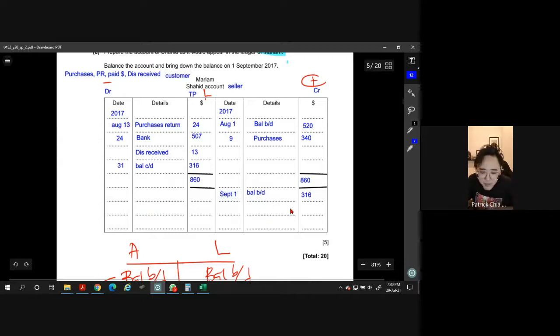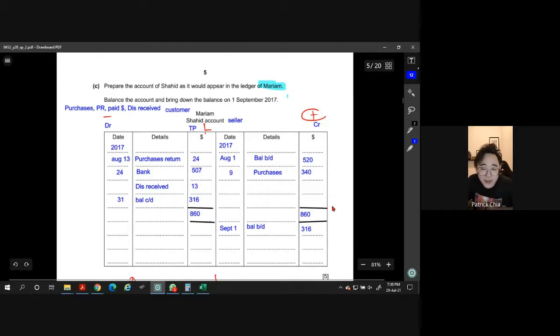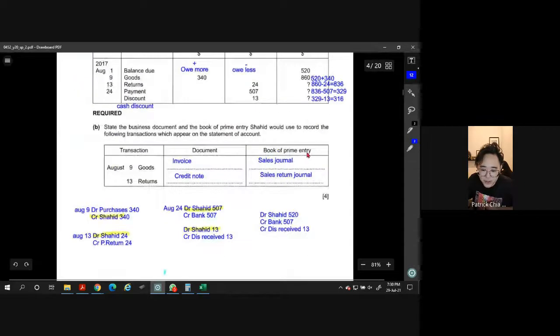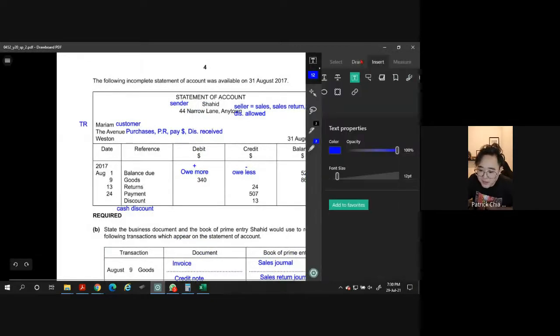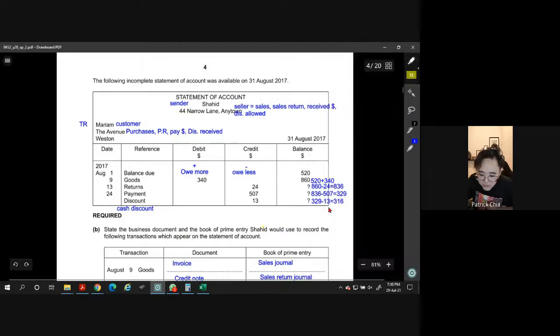Hey, this 316 sounds familiar. Where have we seen this 316? Remember early on from the statement of account? I was doing all the calculation, right? Can you see the final number here? 316. Can see the last part here?